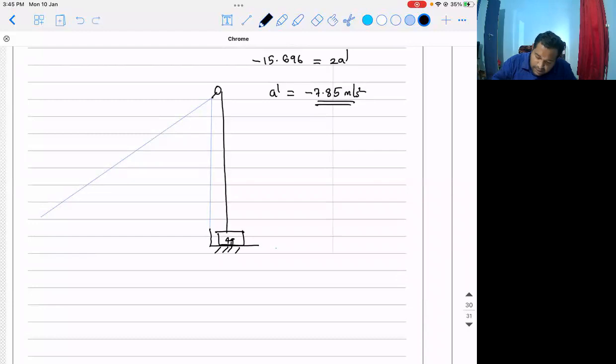So what happens is, initially this 2 kilogram particle had already traveled h meter, and with the acceleration, definitely it will move some more distance without tension.